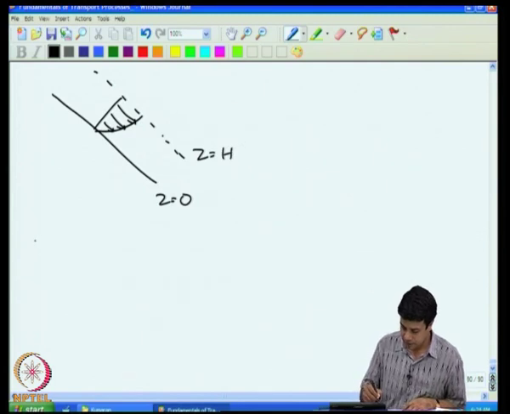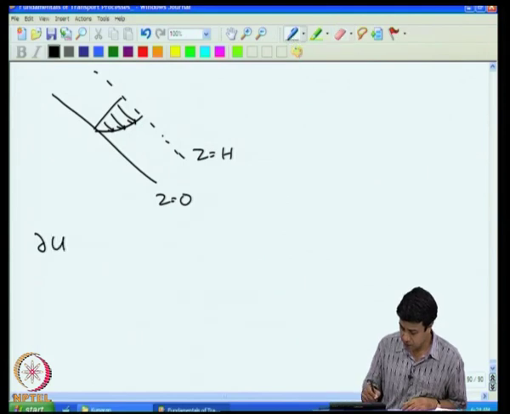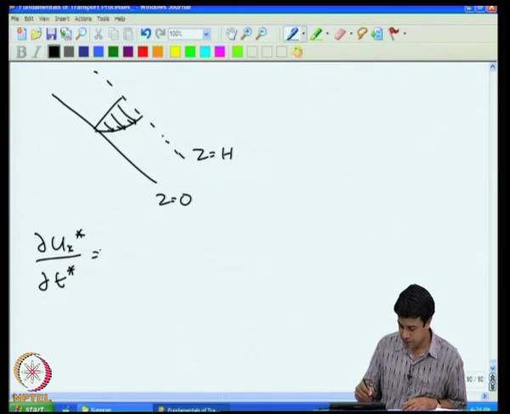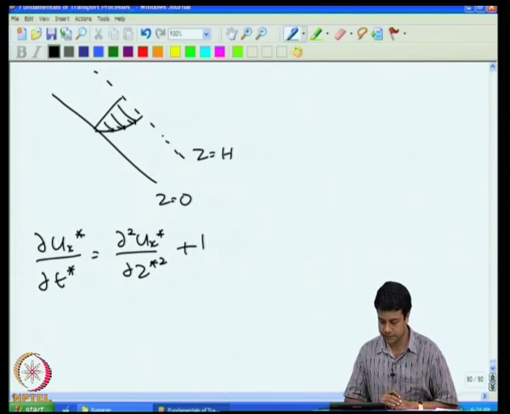So, the equation is dux by dt is equal to d square ux by dz square plus 1, in non-dimensional terms.